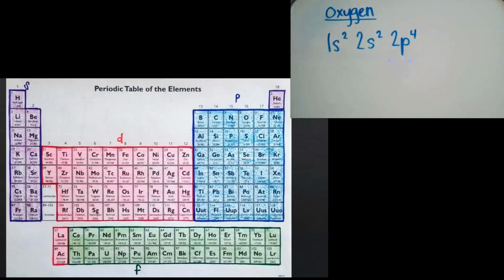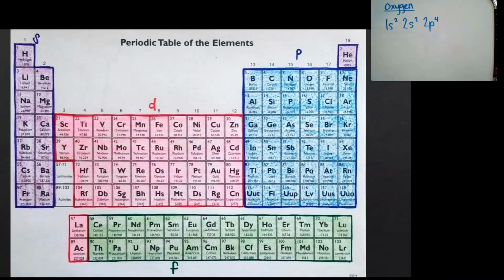This is the electron configuration for oxygen, and I want to show you a few things about it. First, start with me over here at hydrogen. This is the 1s block. And so we're going to just move left to right, top to bottom, like we're reading the periodic table. As we cross the S block, we hit hydrogen and then helium, 1s2. Then we come down here, this is 2s, and we go across lithium and beryllium, 1, 2.